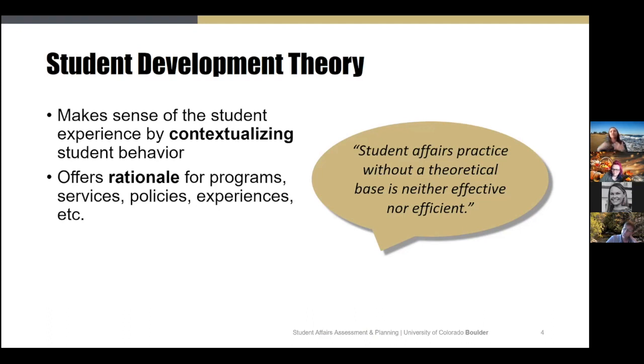So we don't have to go out and survey students for the 100th time or do some focus groups or try to collect our own information. We have some type of basis to build off of. And so what that does with our programs is lead us to more effective outcomes. When we have a rationale, we have a basis, we have research and evidence about how a specific student population may be experiencing college in different aspects of college in some capacity, then when we're creating our outcomes for our programs, we can be more effective in those outcomes, meaning more students can achieve them.